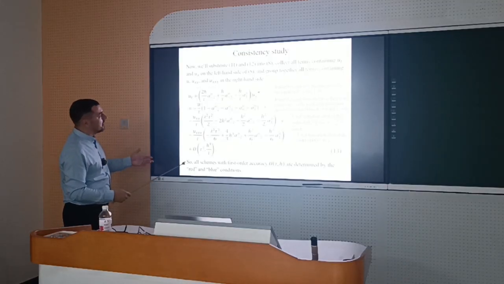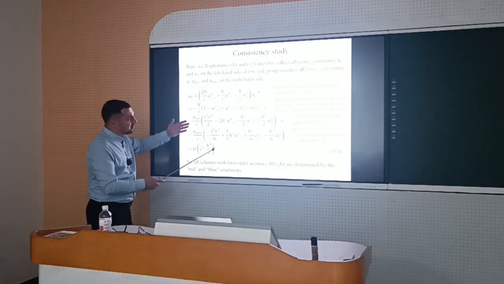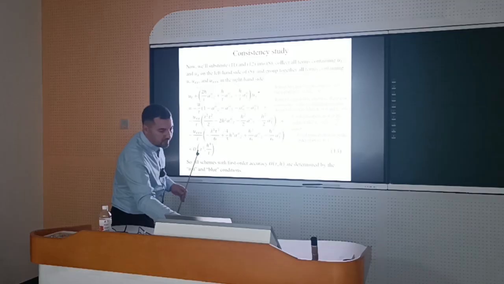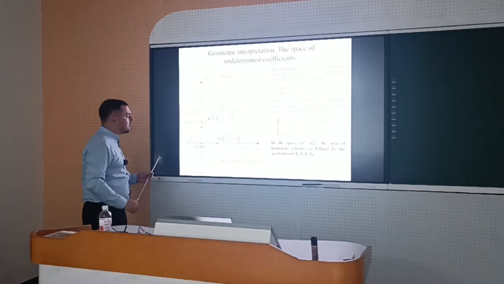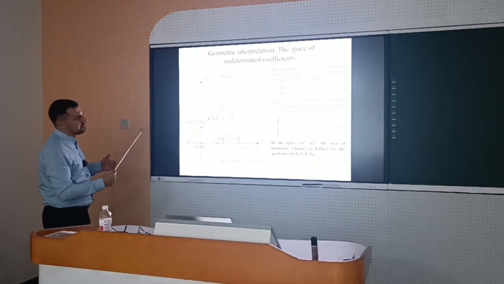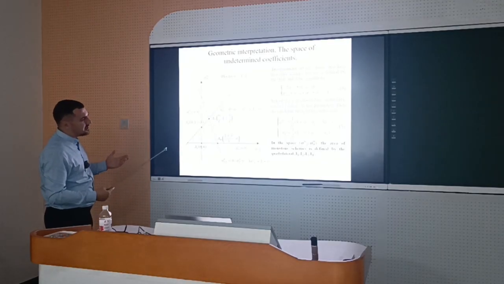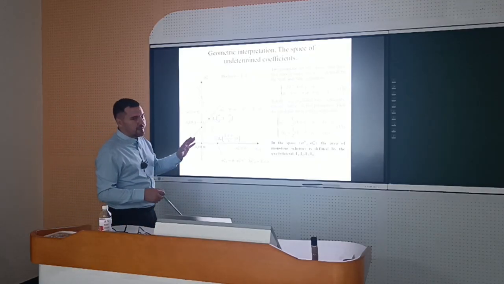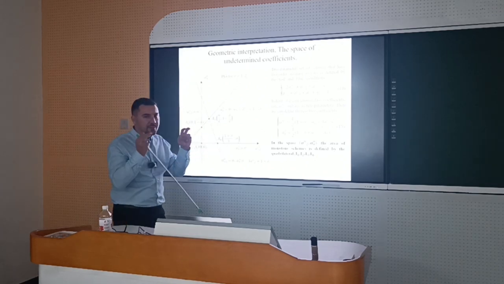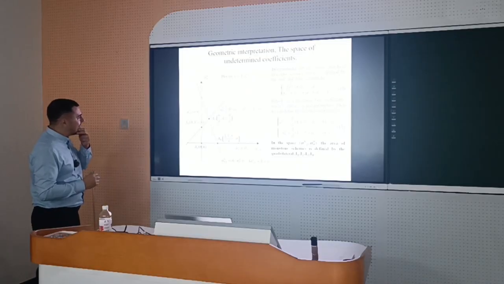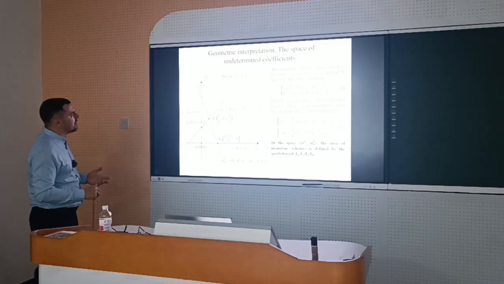Okay, so now we should solve these equations for alpha and define different families of our schemes. It's very useful and convenient to use a geometrical interpretation for this process. Actually, this is very simple, and I just keep all this mathematics because I want to show you the main result, the correspondence between all these numerical schemes.